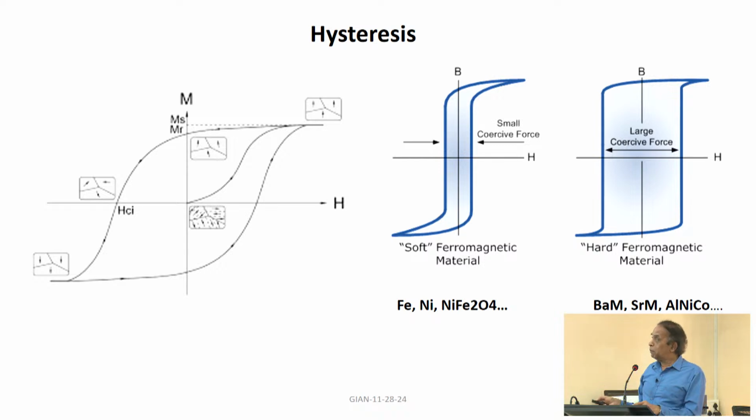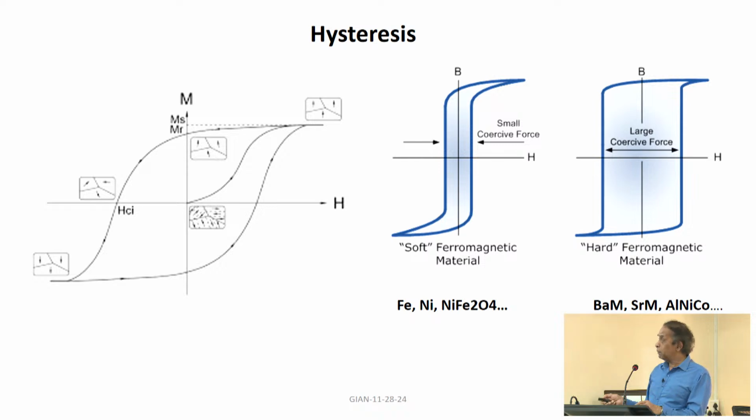So, the net moment as a whole is 0. That is the reason if you bring two pieces of iron together, nothing really happens, because they are all split into domains. The net moment is 0 in the two pieces. Unless you apply a magnetic field, you would not realize that it is magnetic.